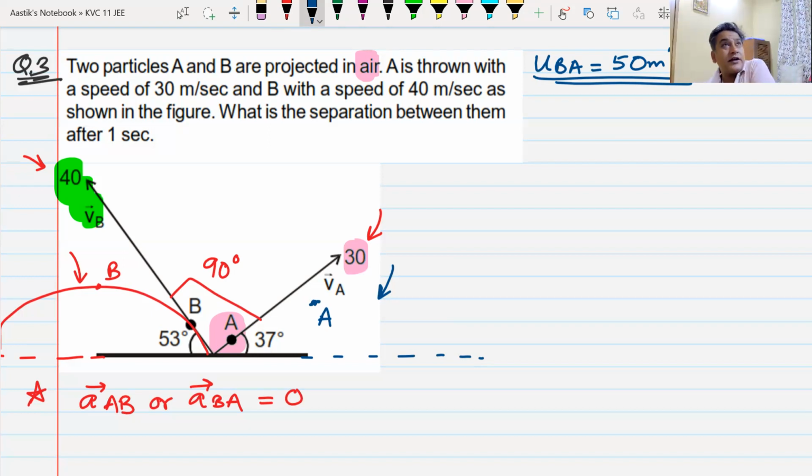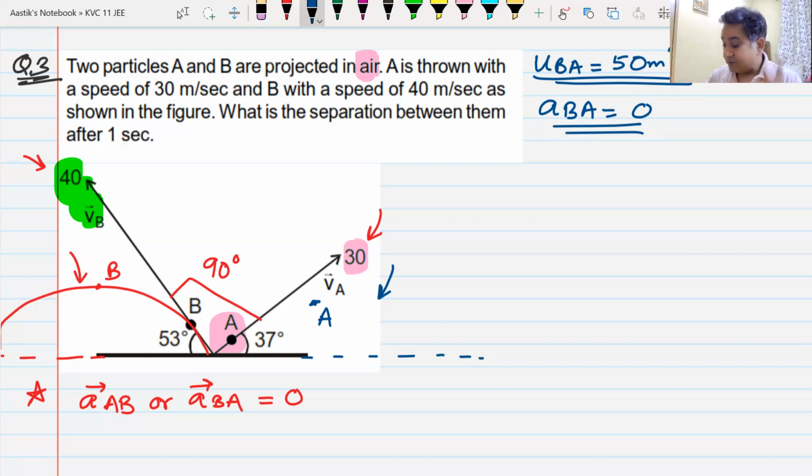If I become A, I am also a projectile, and B is also a projectile. The velocity of B with respect to A is 50 meters per second, and there is no acceleration. The acceleration of B with respect to A is 0. My question is, how does the motion of B look to A? How will B move?